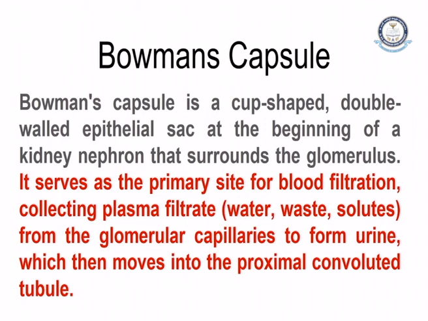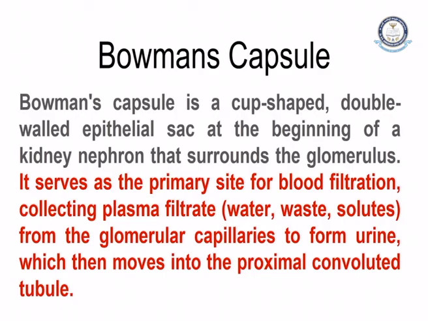Bowman's capsule is a cup-shaped double-walled epithelial sac at the beginning of the nephron, and it is surrounded by a glomerulus. It serves as the primary site for blood filtration, collecting plasma filtrate like water, waste and solutes.